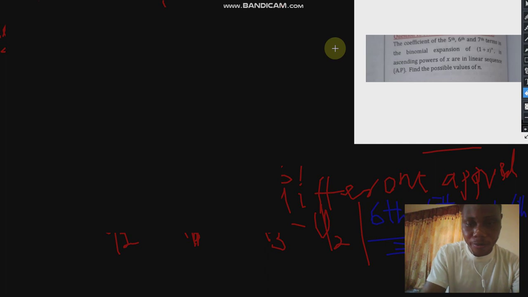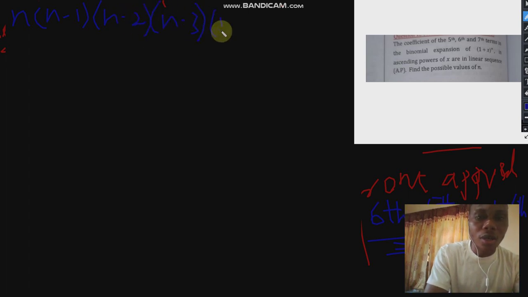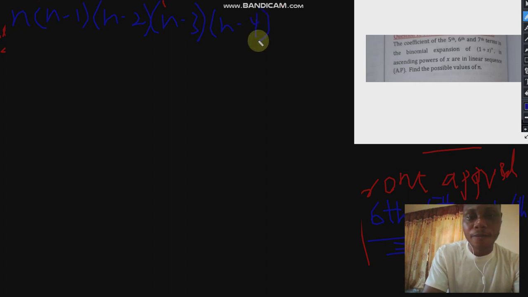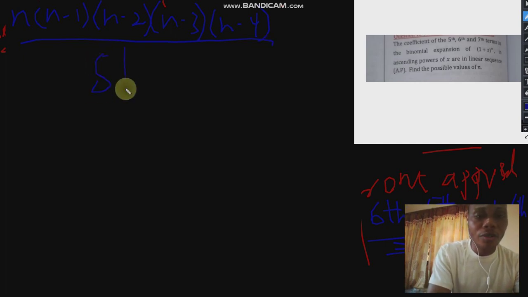So now the 6th minus the 5th term is going to give me n minus 1, n minus 2, n minus 3, n minus 4 over 5 factorial, minus n minus 1, n minus 2, n minus 3 over 4 factorial.